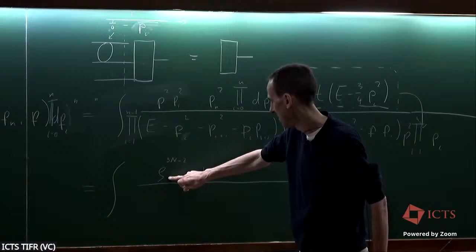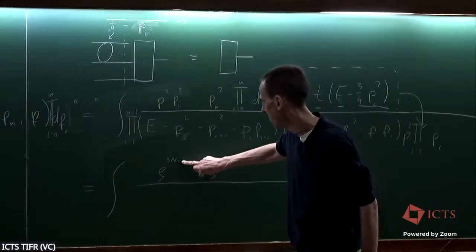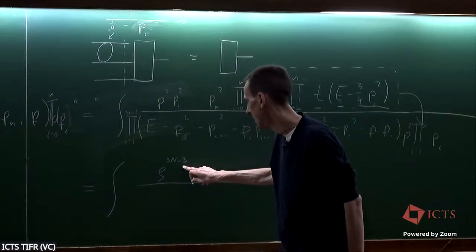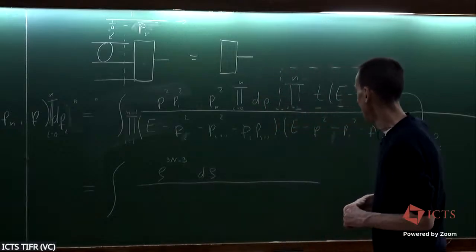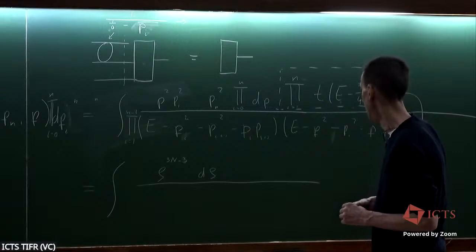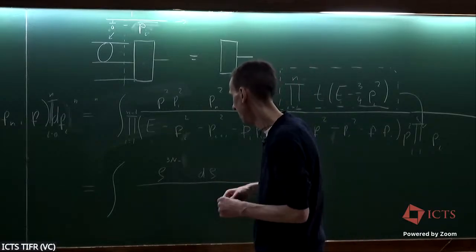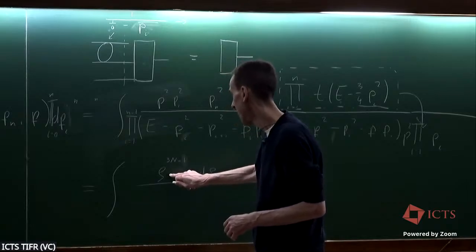Let me see if this is correct. No, it should be 3n minus 1. No, minus 2. We can check that for one particle: minus 1. I should have r squared. Yeah, so minus 1.